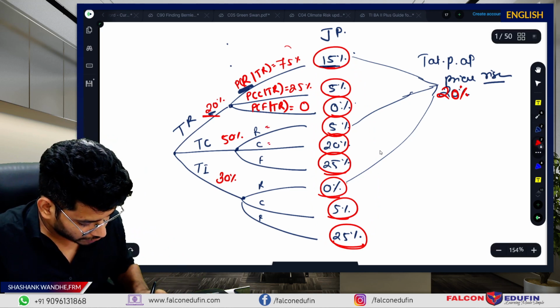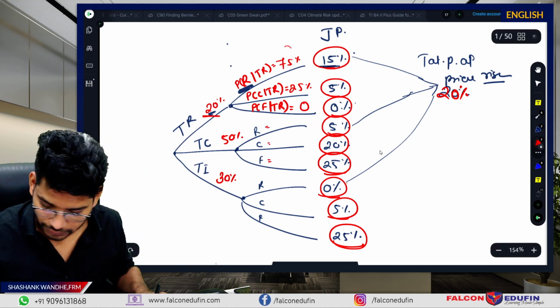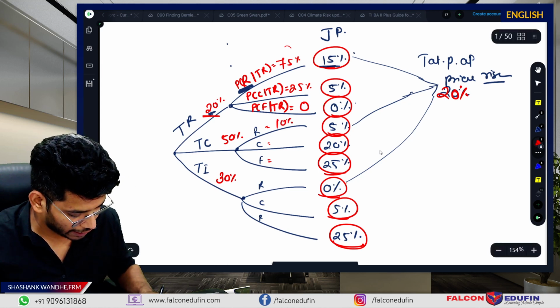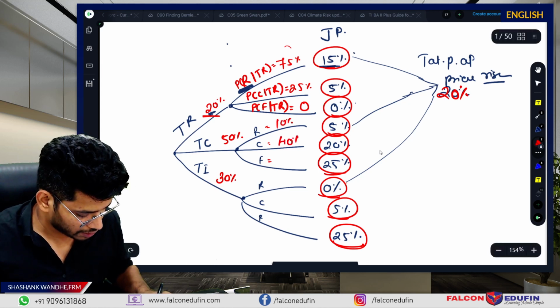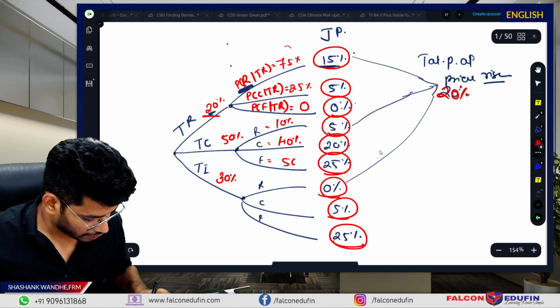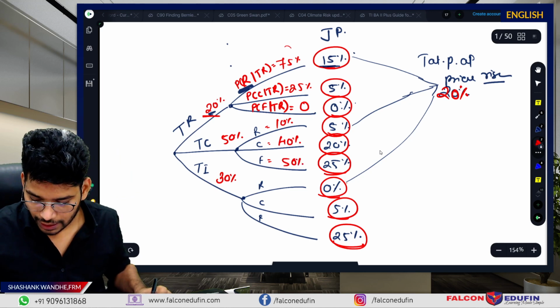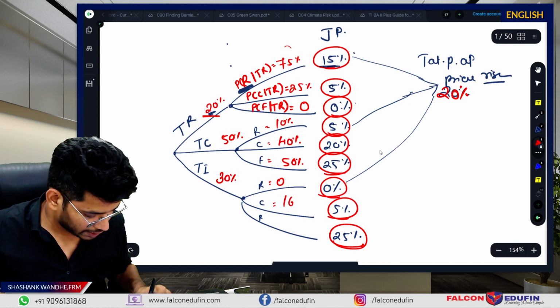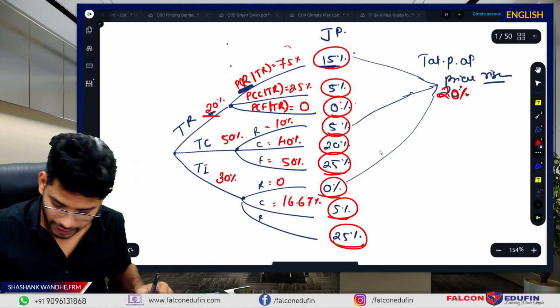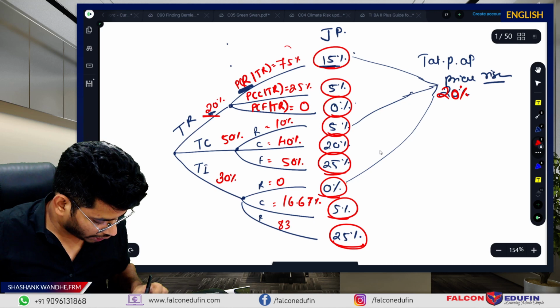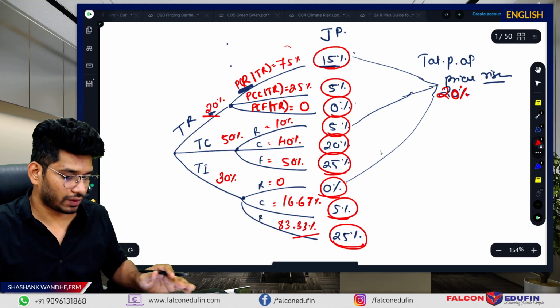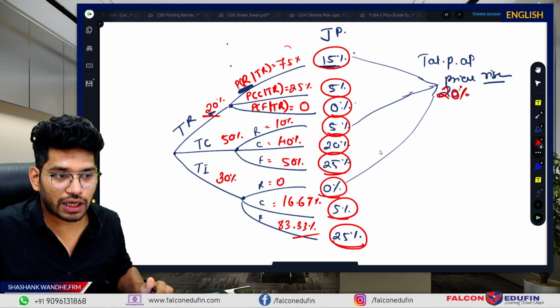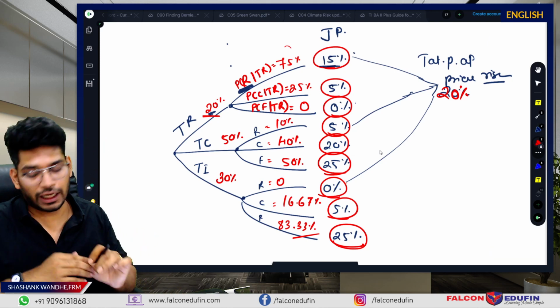In similar fashion, we have values here. So 10%, 40%, and 50%. Then next is 0%, and then 16.67%, and 83.33%, like this. So simply you have the conditional probabilities now, for the individual events.